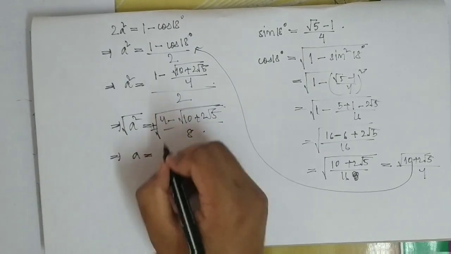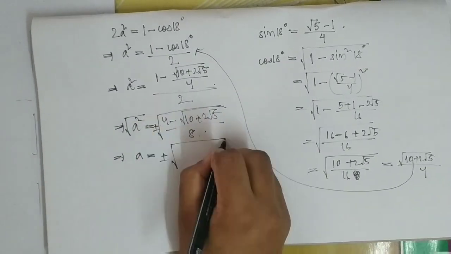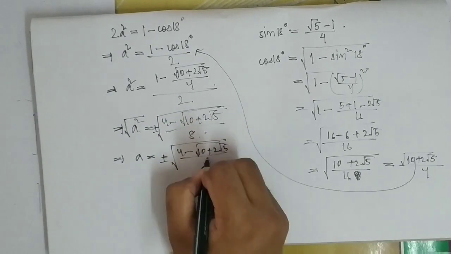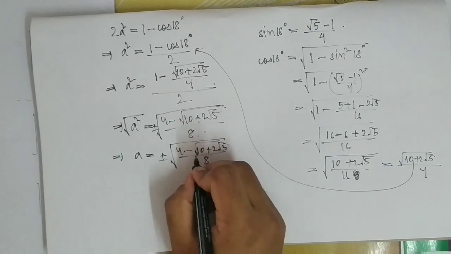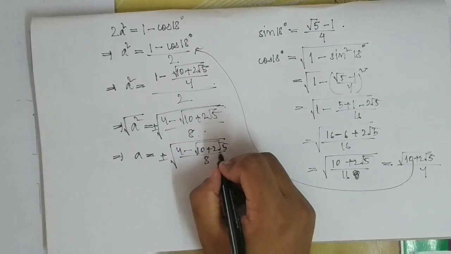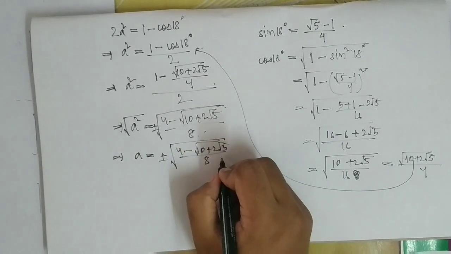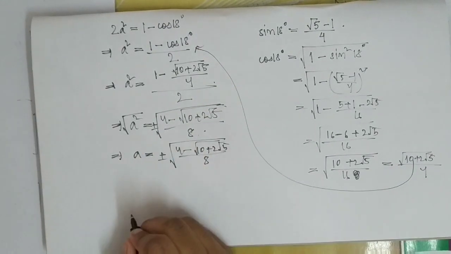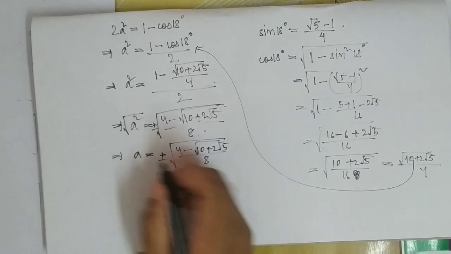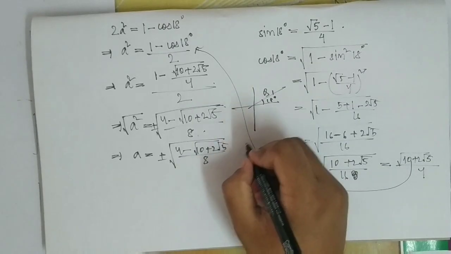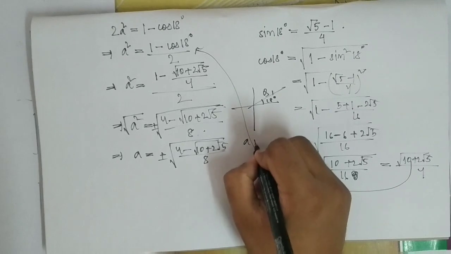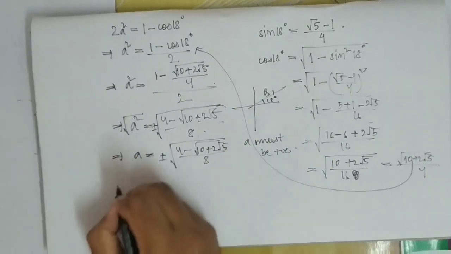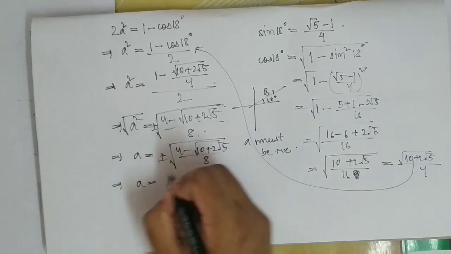Now once I square root I get a plus or minus before. So this is my value of a, either plus or minus root over 4 minus root over 10 plus 2 root over 5 divided by 8. Now a cannot have two values, but I know a is a side, so therefore a must be positive. So therefore I will accept the positive value.